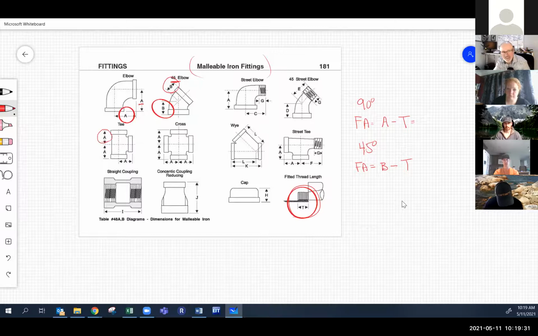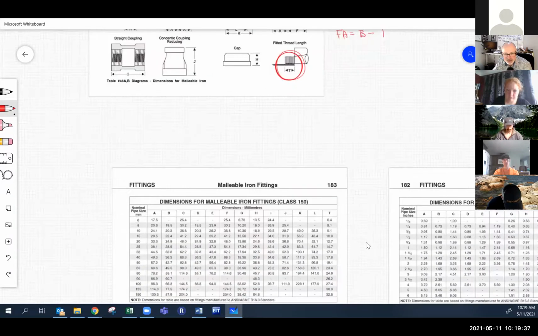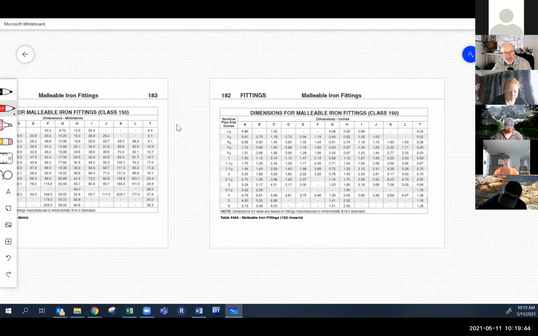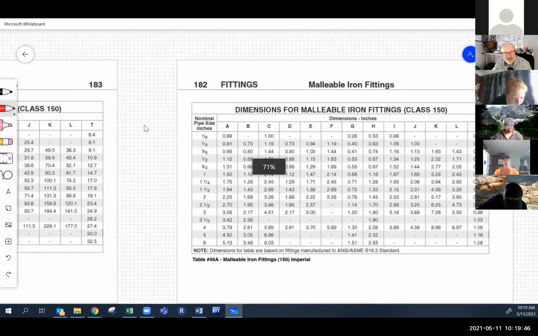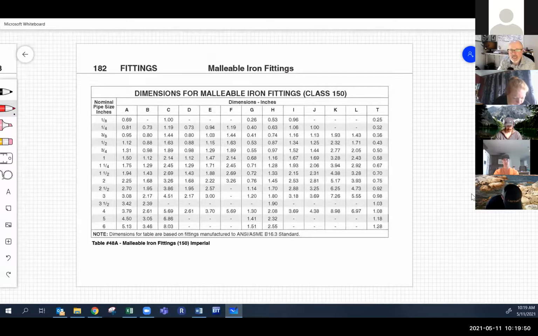So we take these letters, and these letters are located on the next page. Well, this page is for millimeters. We are working with inches, and I said 3/4 inch, and we're looking for the fitting allowance of a 45 and of a T. So I said, this is 3/4 inch.